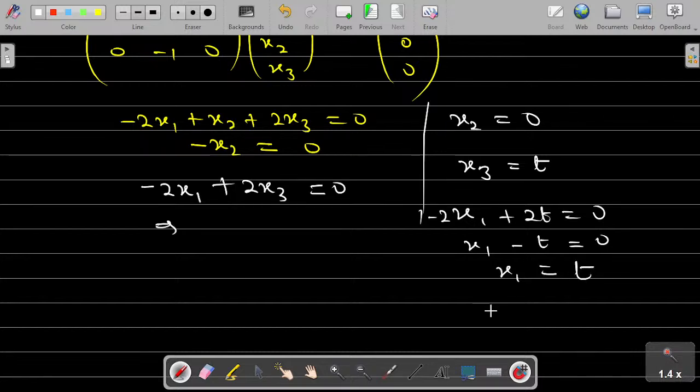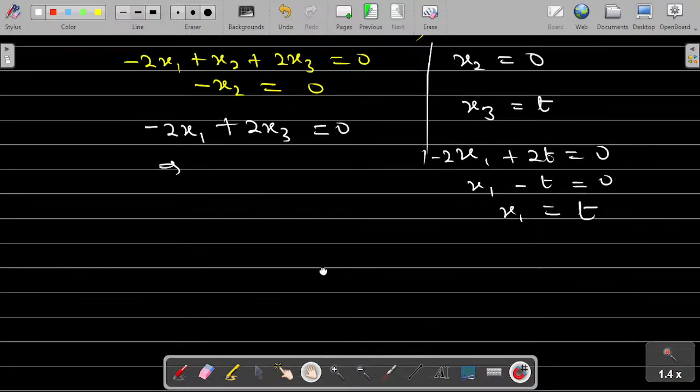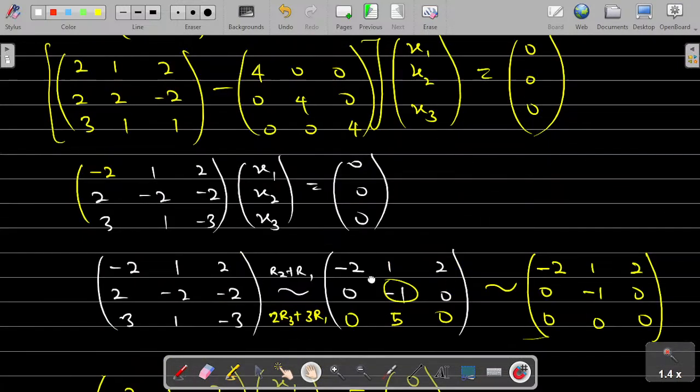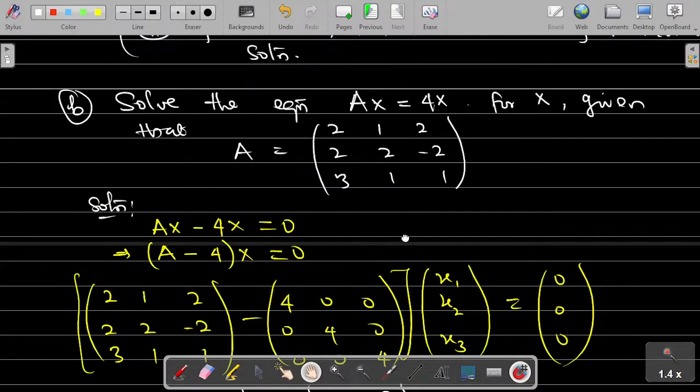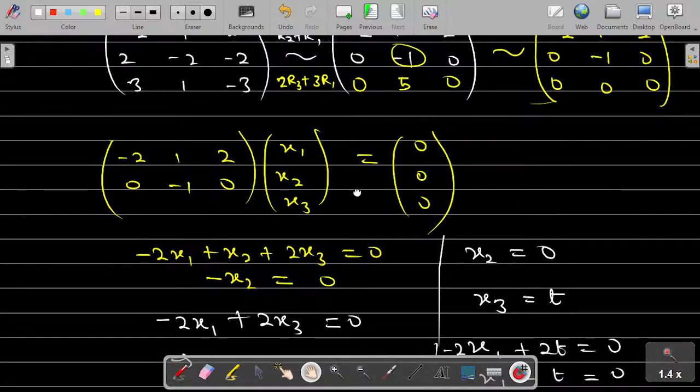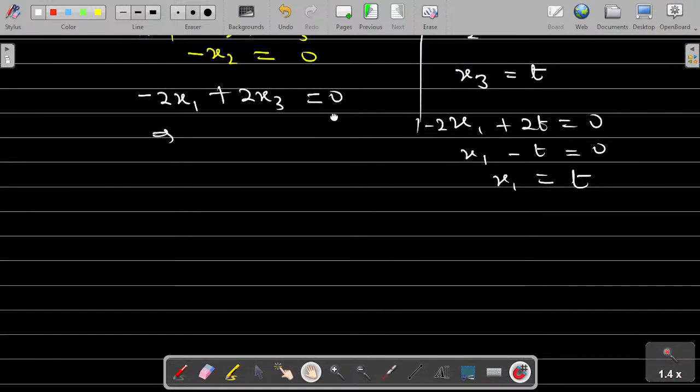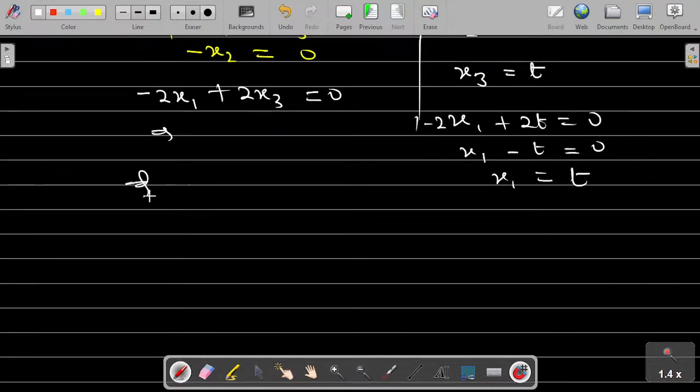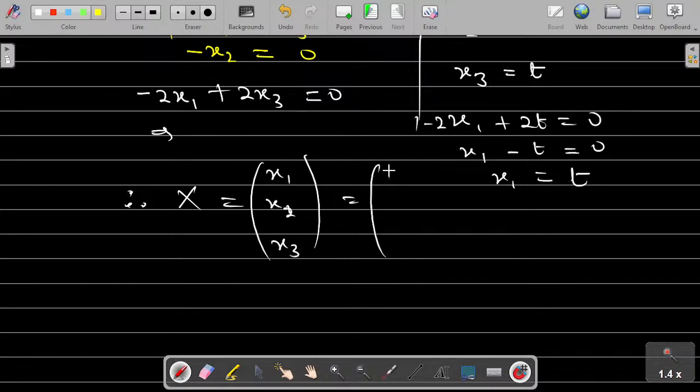Alright, this is beautiful. So remember what we are looking for is the value of x. That's what they told us here. Solve for x. We have gotten all our x, which are x1, x2, x3. So therefore, my x, which is equal to x1, x2, and x3, is equal to, what is x1? x1 is t.